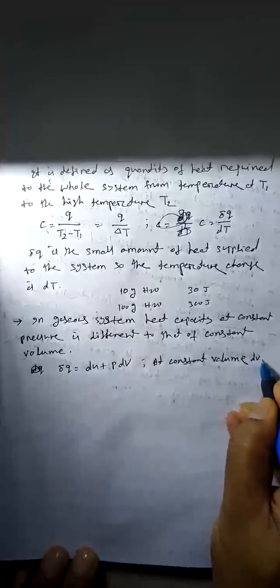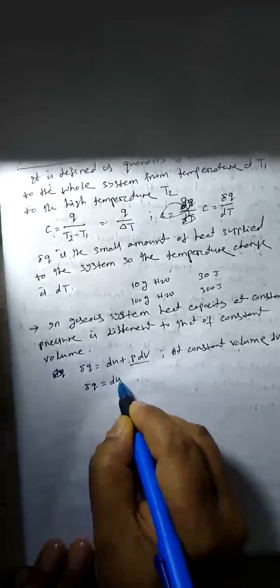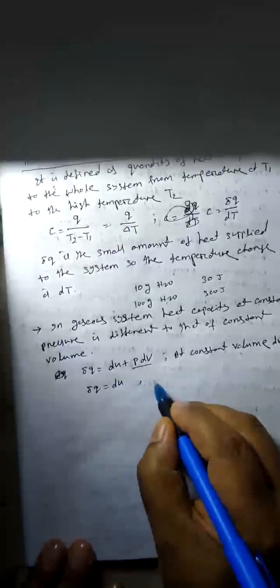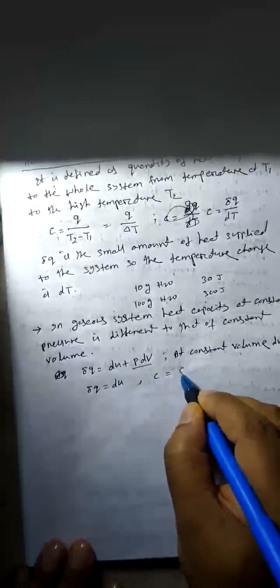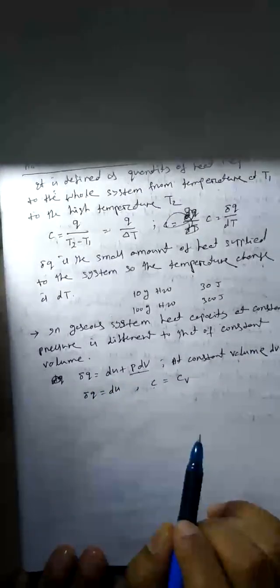At constant volume, dV is equal to 0, which means PdV is equal to 0. So del Q is equal to dU. At constant volume, heat capacity C can be written as Cv.